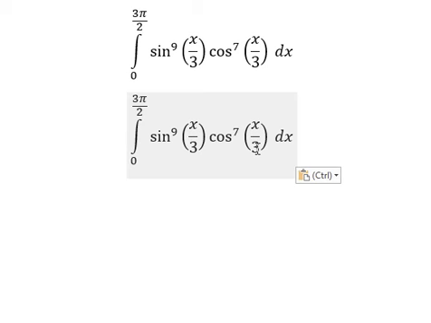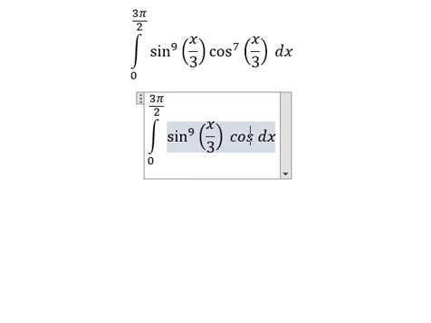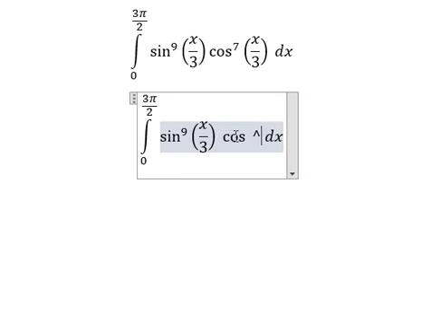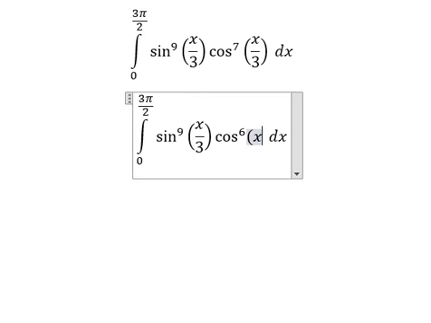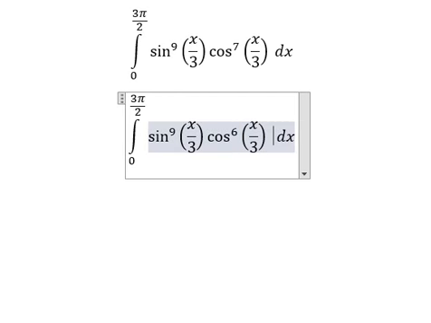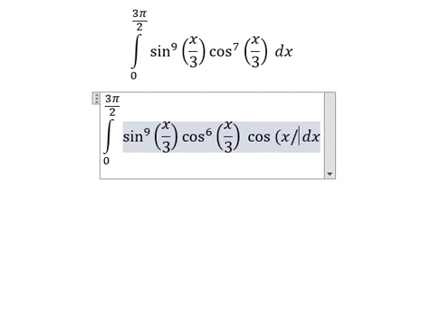Cosine of s to the power of 3 to the power of 7, we can write into cosine of s over 3 to the power of 6 multiplied by cosine of s over 3.